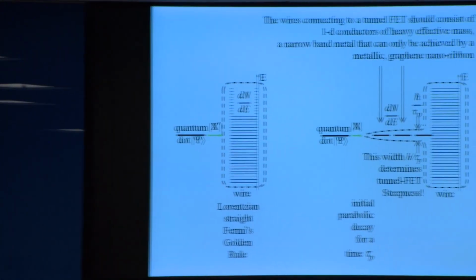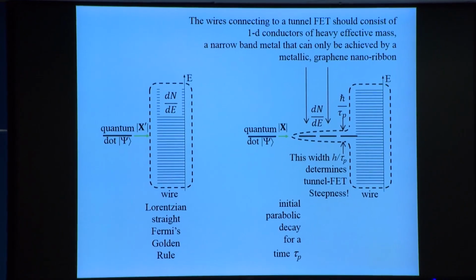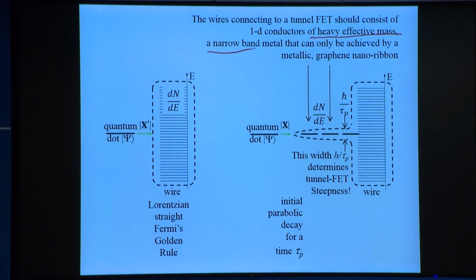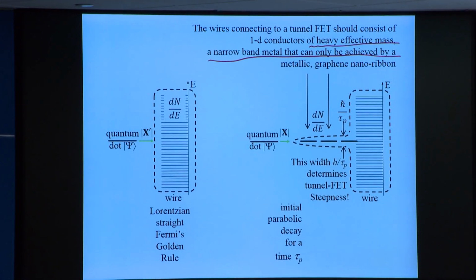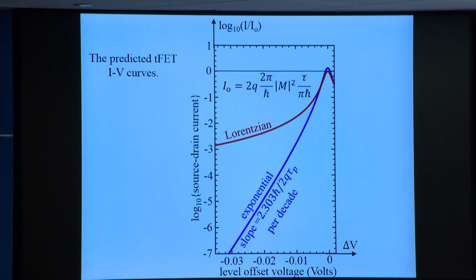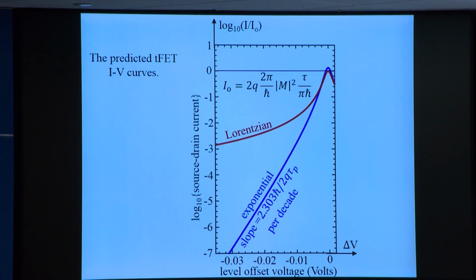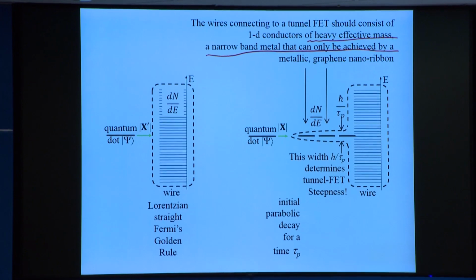So let's show some other regimes where this might be helpful. This is, I think, a repeat slide, but it basically says, yes, you need the heavy effective mass, and the final contact has to be made by a narrowband metal wire. I'll show you pictures of graphene nanoribbons.